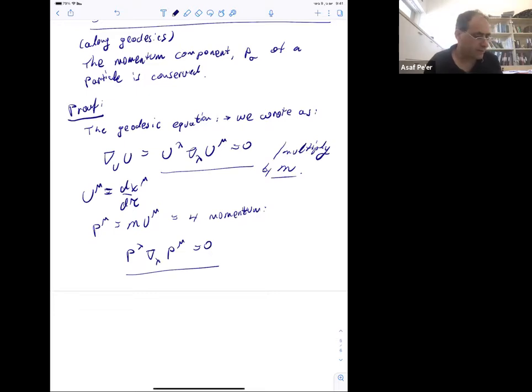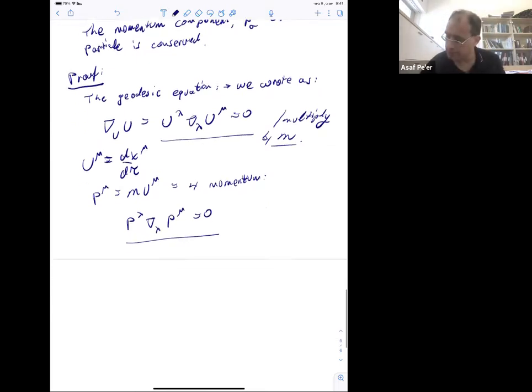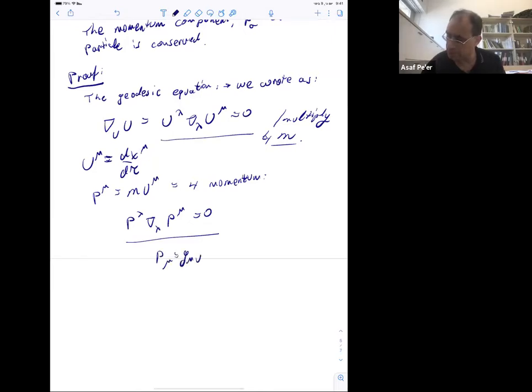And we have that. Now I can lower the index. I can simply write p mu is just g mu rho p rho, but then nabla lambda g mu rho is equal to 0.